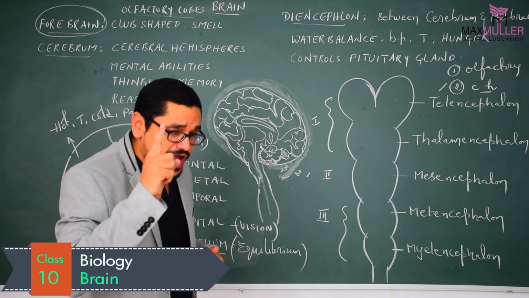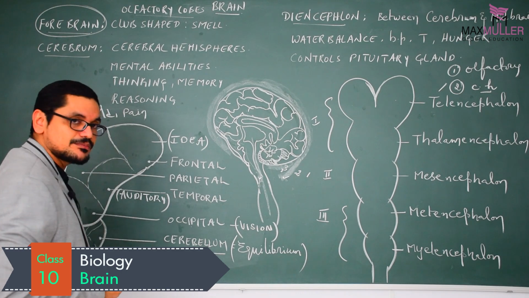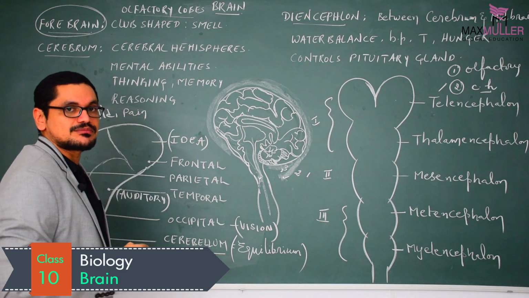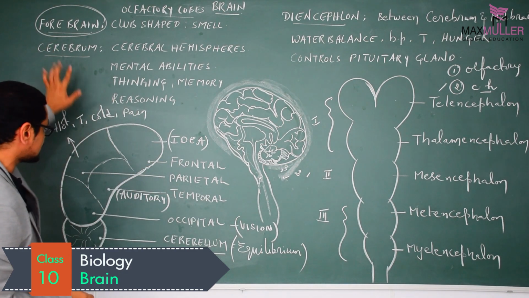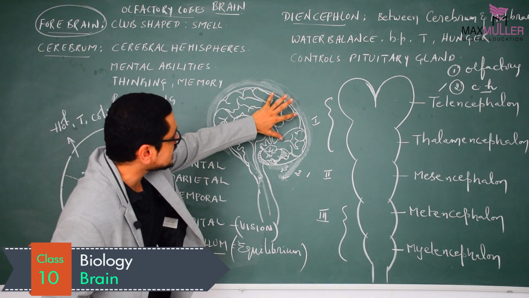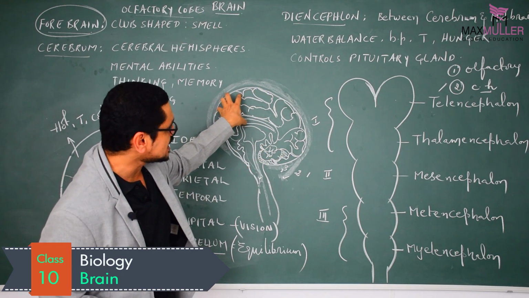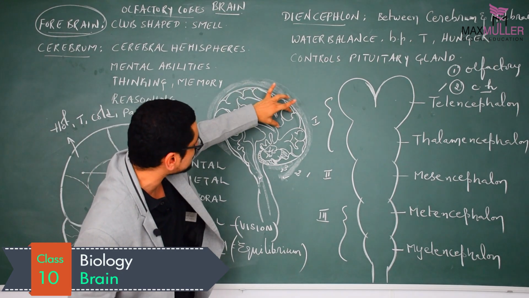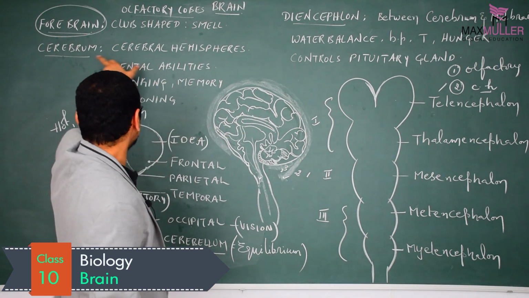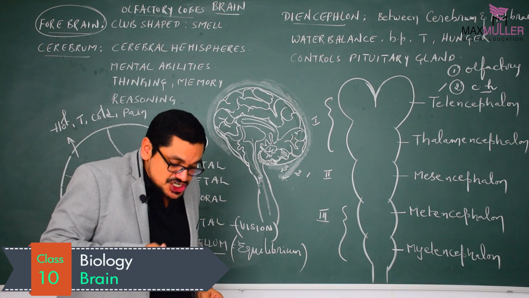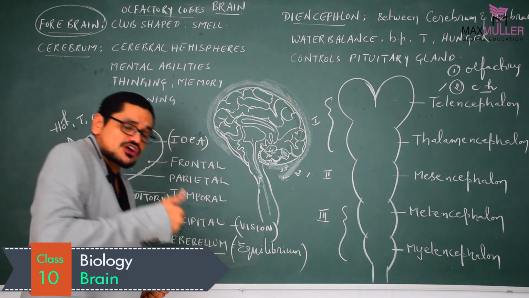So listen, I want to tell one important difference between the cerebrum and cerebellum. Though I am not explaining the cerebellum now, I want to tell one fundamental difference. See, this entire area is cerebrum and this is cerebellum. The cerebrum is essential for initiation of voluntary activity.